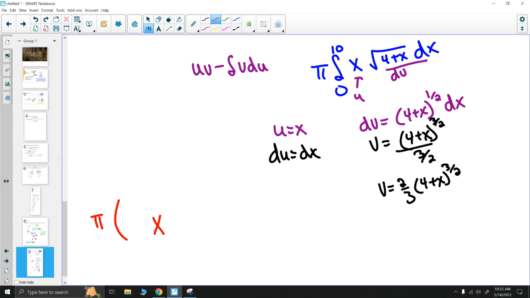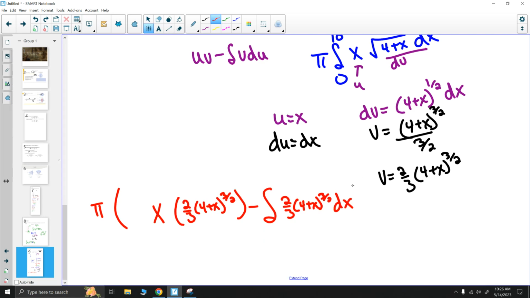Our v, which is 2/3 times 4 plus x to the 3/2, minus the integral of v, this 2/3, 4 plus x to the 3/2 du, which is dx.